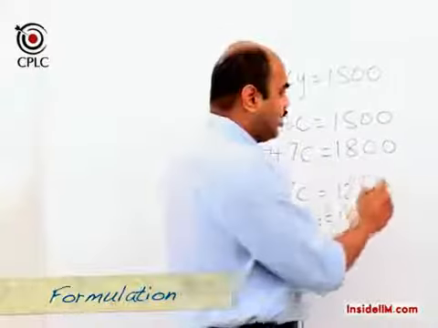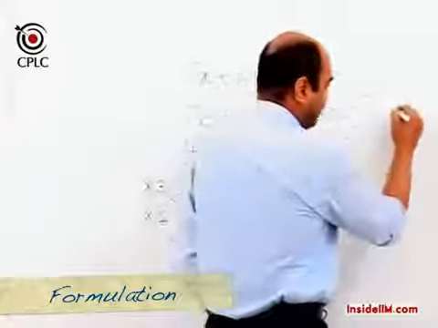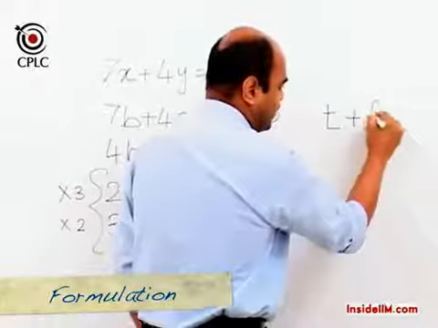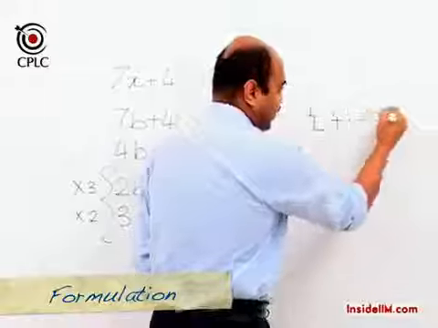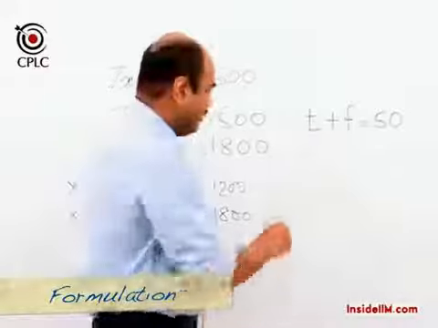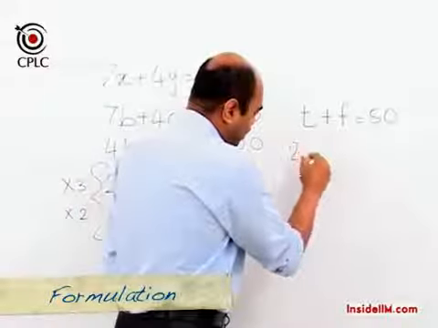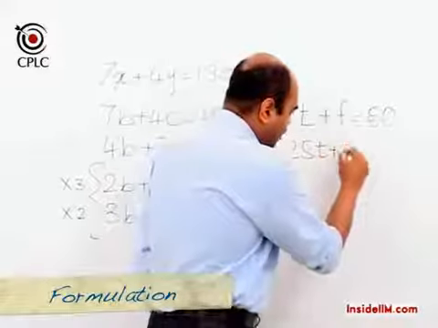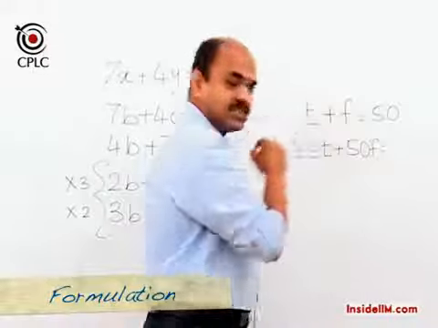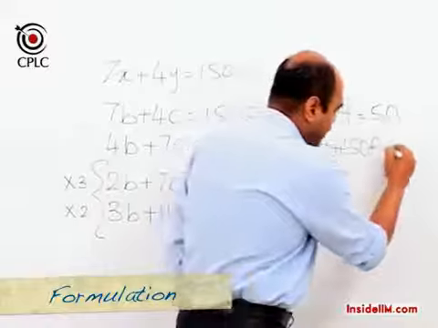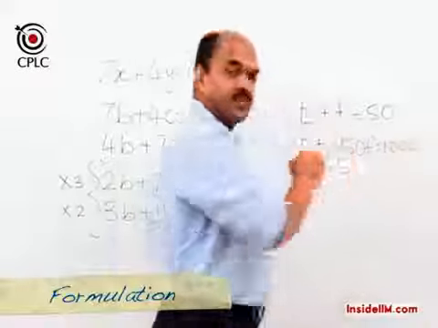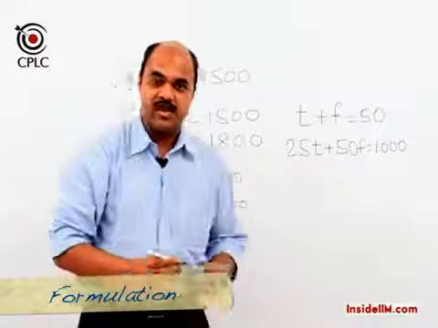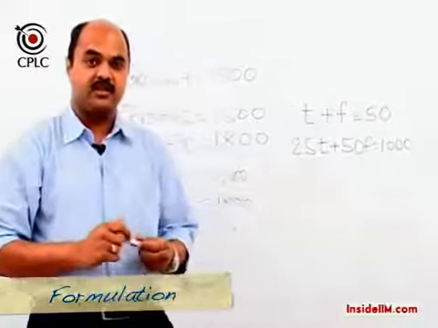And now if I write down two equations, then my first equation would be the number of 25 paise coins plus the number of 50 paise coins is 50, and the total worth of the 25 paise coins and the total worth of the 50 paise coins is 10 rupees, which means 1000 paise. So I now have two equations and I can solve them simultaneously.